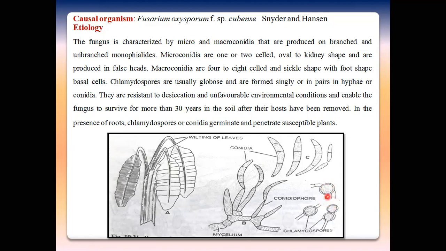Means in the absence of the host crop, the chlamydospore survives in soil for more than 30 years.